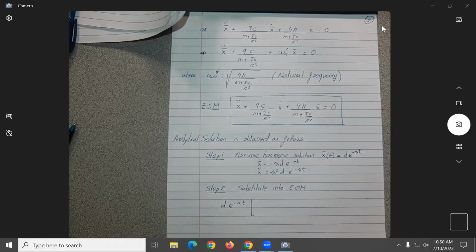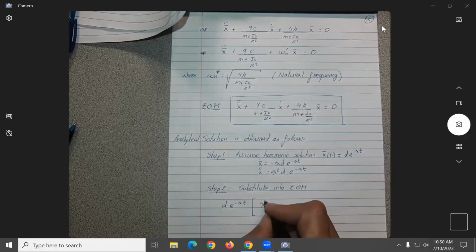Going a little bit faster here because of the time. So the x double dot remains unchanged. This will be just lambda squared.